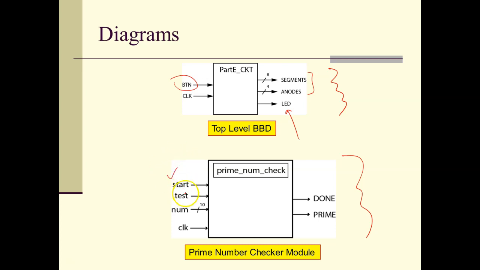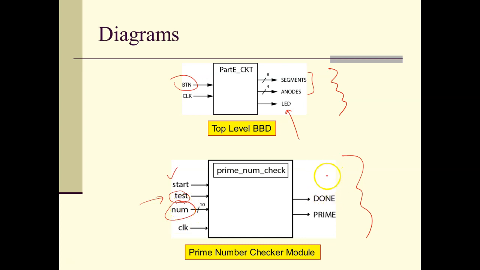You've got to start the thing. It has a test mode, which is when you assert this input, it bypasses the internal clock dividers, which is essentially used for simulation. So once again, when you're simulating, you have to put it in test mode by asserting this input. This is the number that it's checking to see whether it's prime or not.